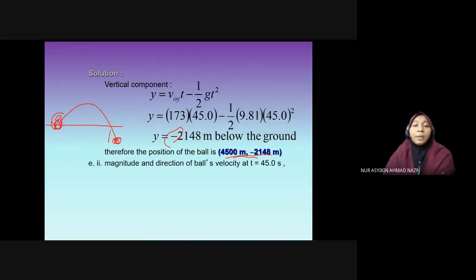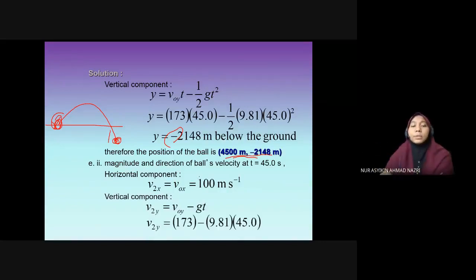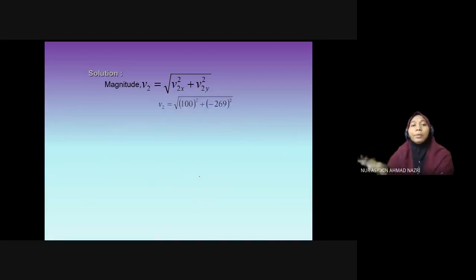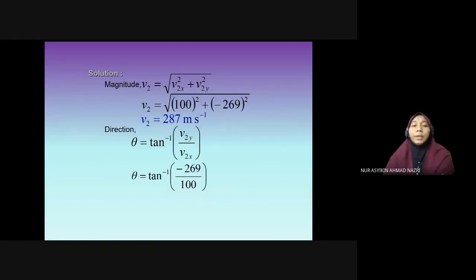Faham tak? Alright, so 45 second velocity pula kena cari sama step dia. Ulang balik step yang nombor D tadi pun boleh. Okay, cuma tukarkan masa saja. Macam tu je. So memang kita boleh tanya banyak soalan. Cuma the konsep masih sama. Cari yang komponen X, komponen Y, magnitude, direction. Macam ni. Okay, so when you get your angle, what happen? Again, you need to explain your angle here.